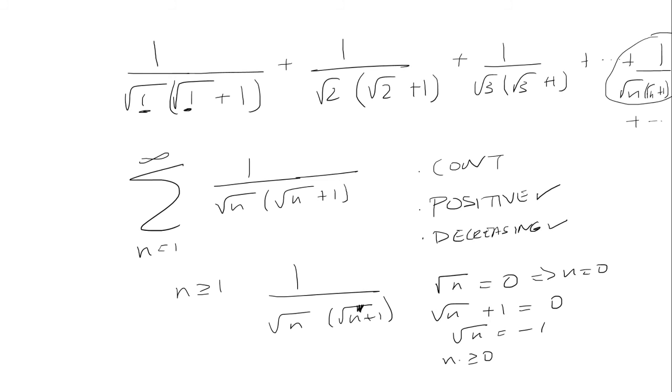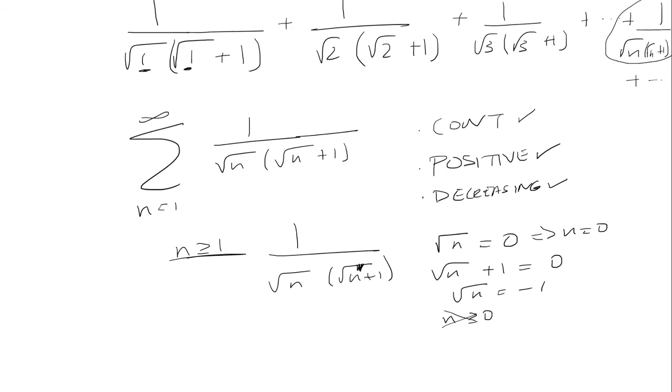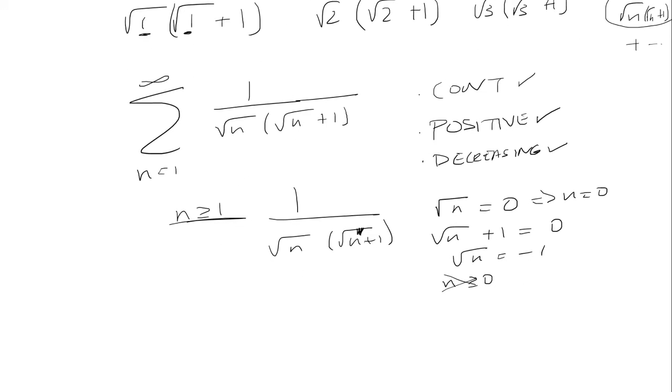So n here cannot be negative, but because we have the restriction n greater than or equal to 1, we don't have to worry about this one. So to summarize, for n greater than or equal to 1, the only issue is when n is 0, because it will be divided by 0, which is not part of our domain. Therefore it is continuous. So all three conditions are met.